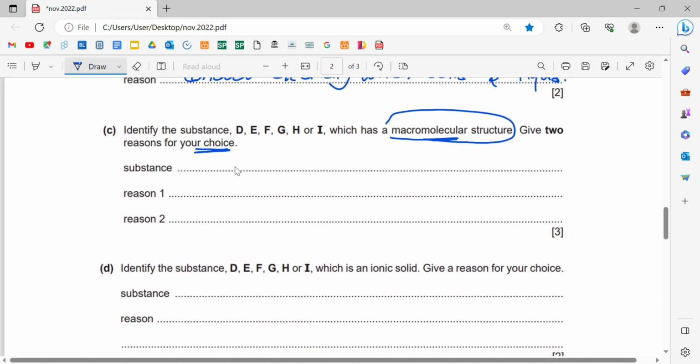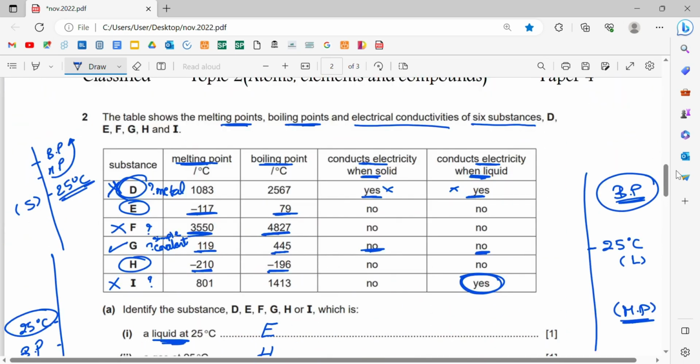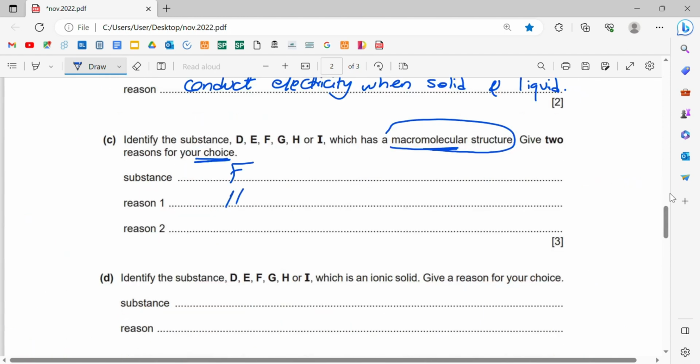Substance F. Why substance F? If we look at the table, we'll find that substance F has a high melting point and boiling point. Also, it doesn't conduct electricity. Reason 1, high melting point and boiling point. Reason number 2, non-conductor of electricity.